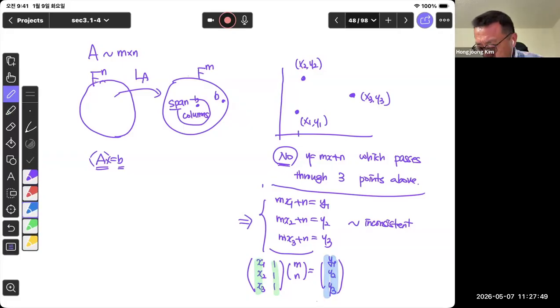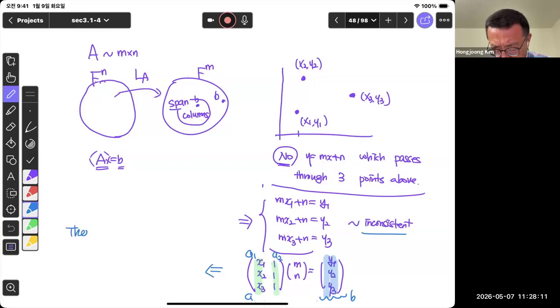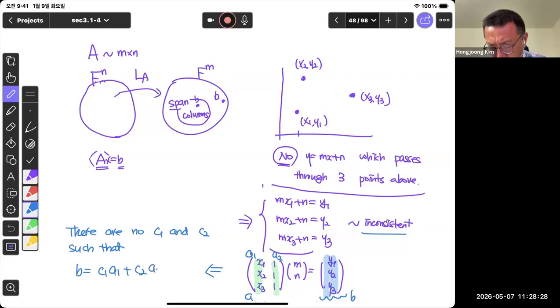Right? So if I call this b, and if I call the two columns of the coefficient matrix a1 and a2, then if that is inconsistent, that means there are no C1 and C2 such that this b can be written as C1A1 plus C2A2.